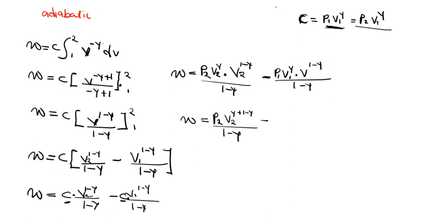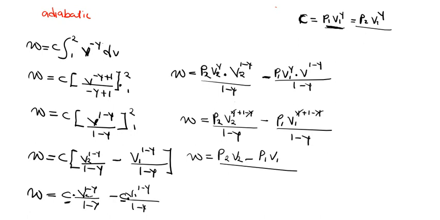Here also the same, I have P1 V1, gamma plus 1 minus gamma, over 1 minus gamma. You can see gamma and gamma go, and also gamma and gamma go, so I'll only have P2 V2 minus P1 V1, over, since this is just a common denominator, 1 minus gamma. So this is the work under adiabatic.